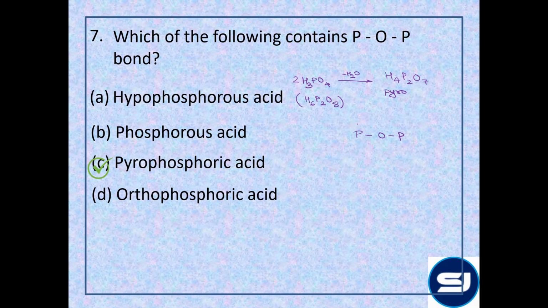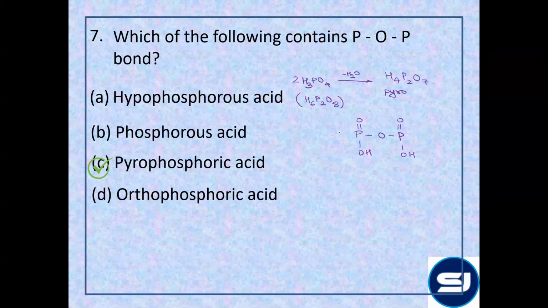Double bond O and OH. Each phosphorus is sp3 with one double bond O and OH present. Then satisfying the formula, you get the OH groups over here. So it becomes a tetrabasic acid with a POP linkage. That's the pyro का formula, structure and the important details.